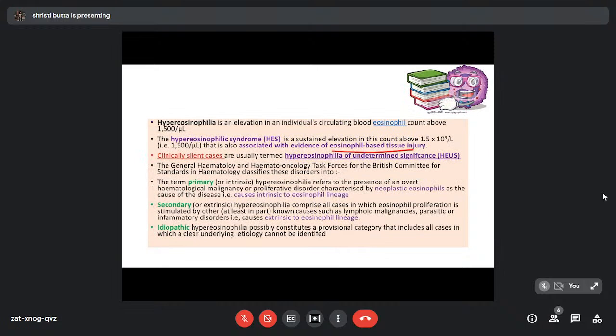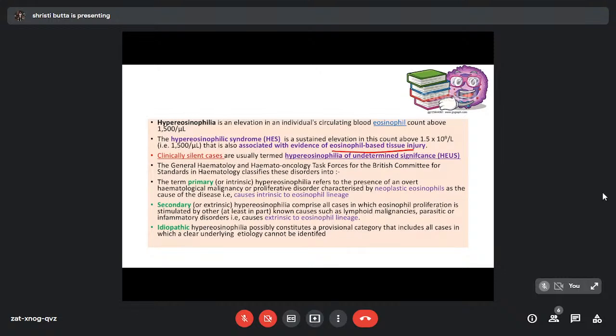So that is the hypereosinophilic syndrome. However, if you have a clinically silent case associated with hypereosinophilia, then that is referred to as hypereosinophilia of undetermined significance.